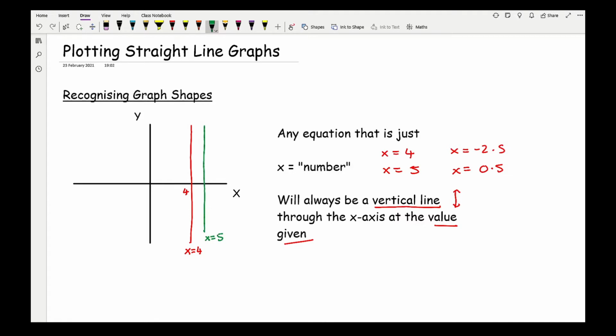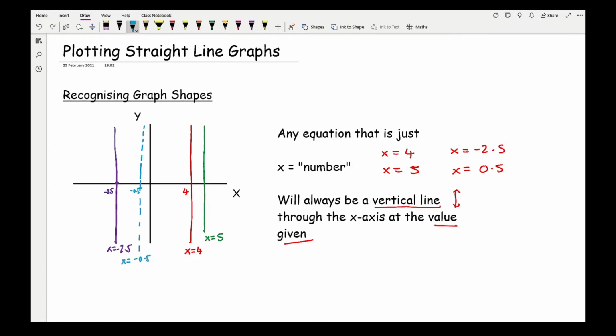And if it starts moving into negative numbers, then x equals minus 2.5 would be where minus 2.5 is, so that would be the point there. And x equals minus a half would be a line that goes through minus 0.5.